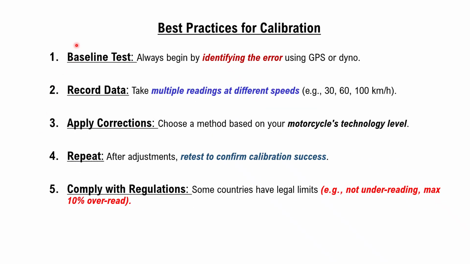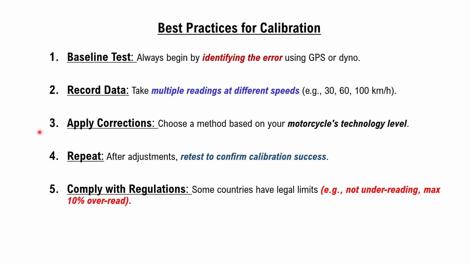Best practice for calibration. The best practices are: baseline. To start with the baseline, always begin with identifying the error using GPS or dynamometer. Then, record data. Take multiple readings at different speeds, for example, 30 km per hour, 60 km per hour, or 100 km per hour, etc. Apply a correction.